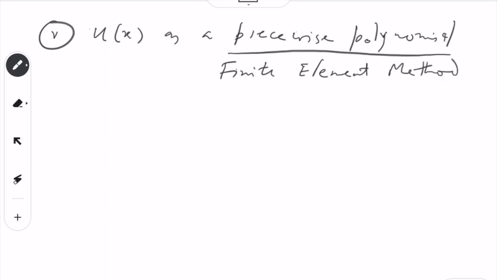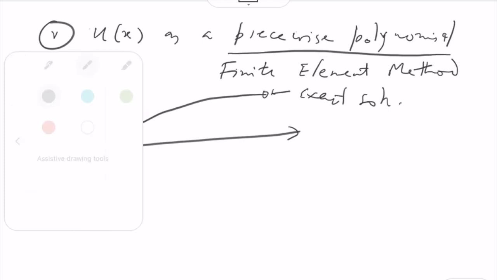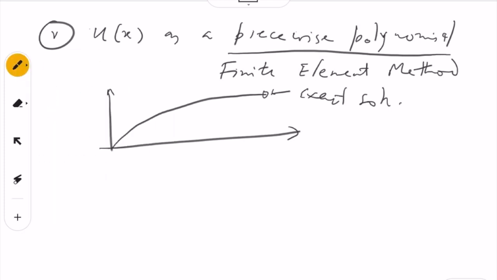We obtained a solution, if this is the exact solution, going from here to here and here to here when you assume the piecewise polynomial.